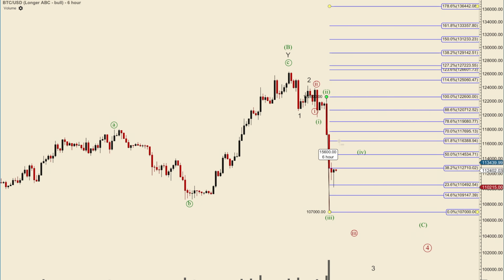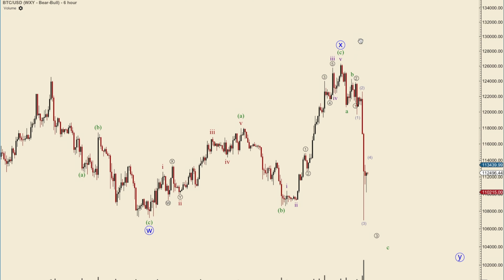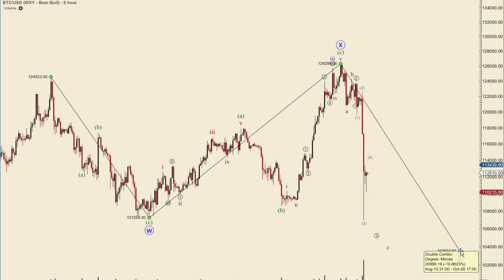And you can see that we clearly did hit that. So this scenario isn't looking for a double zigzag. Instead, this scenario is looking for either a flat or a triangle, because in a sideways WXY, Y cannot be a zigzag. It can only be a flat or a triangle.